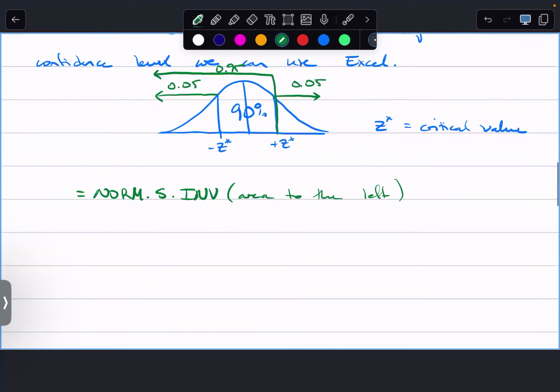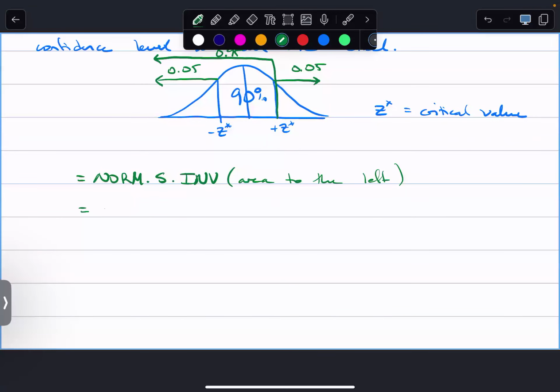So you could do NORM.S.INV of 0.05, which gives negative z star. Then you'd have to drop the negative. You wouldn't even really have to, you would just have to keep your head on straight because you've got the plus minus. When you do plus a negative, it becomes minus, and when you do negative minus a negative, it becomes plus. So it still works.